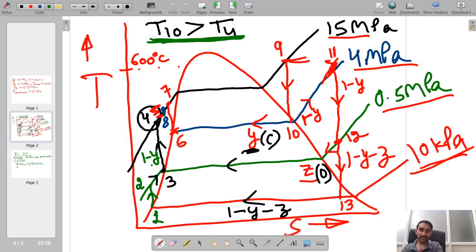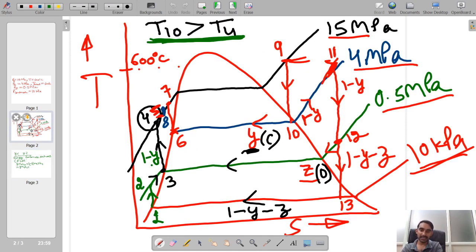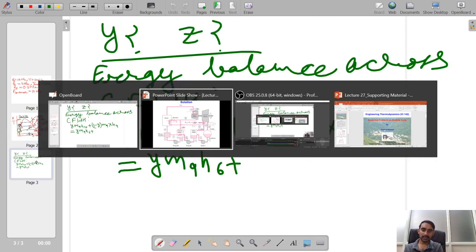When these two are entering inside our closed feed water heater, finally what is happening? Whatever was entering with Y fraction and enthalpy H10 has become point number 6. So I can simply write Y times M9 into H6 plus whatever the remaining amount 1 minus Y was entering at point number 4, that has heated and reached point number 5. Now let me represent this clearly in our diagram.